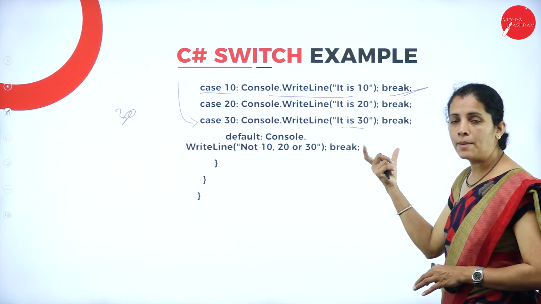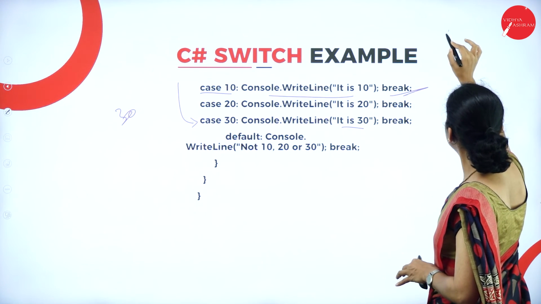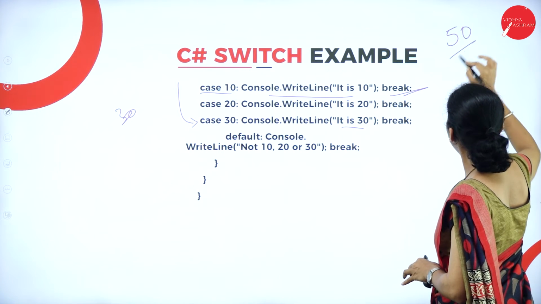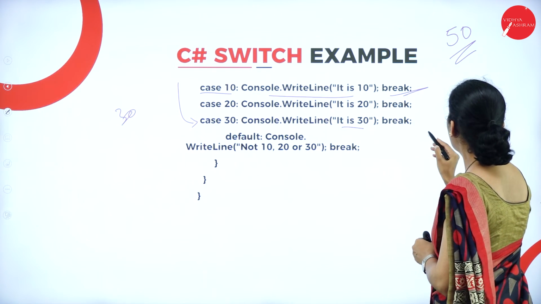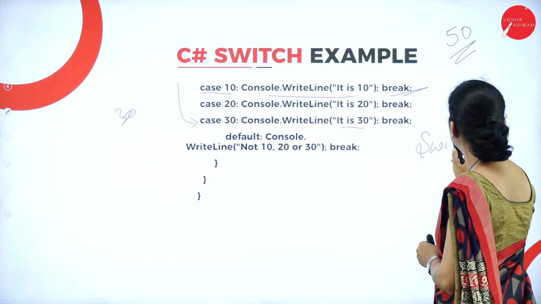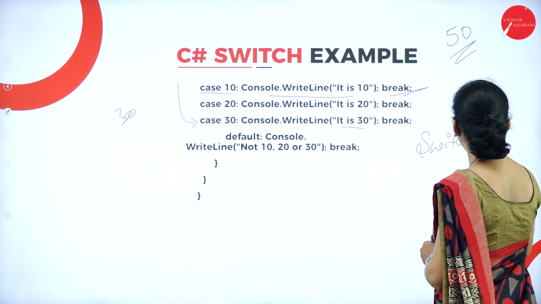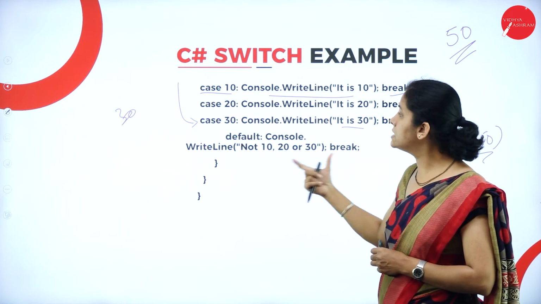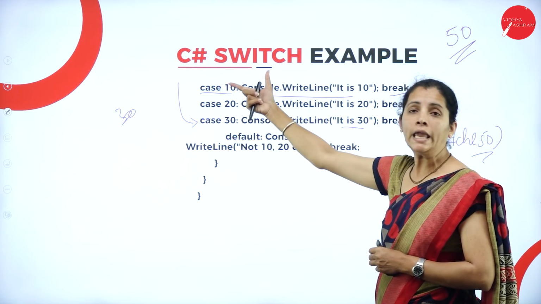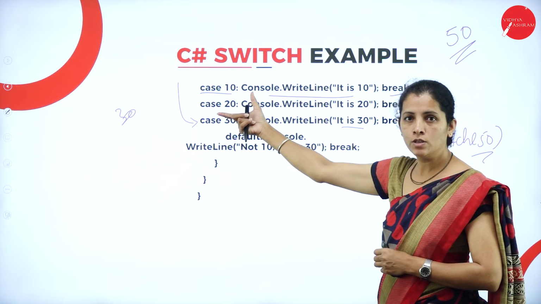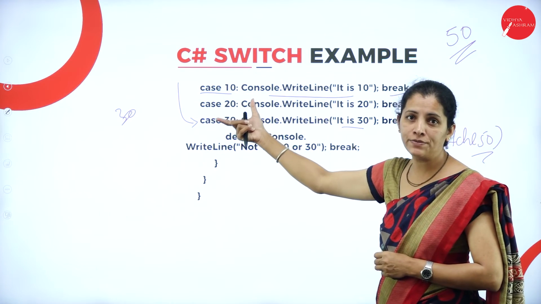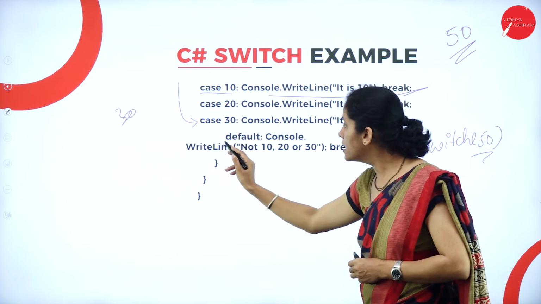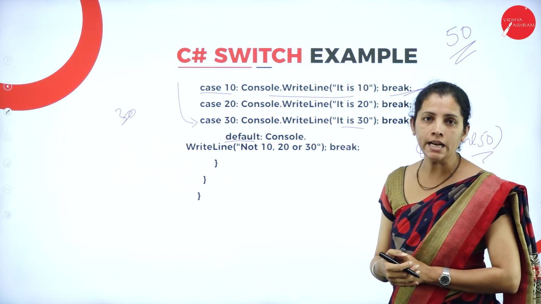The next time, suppose I enter 50, now I have switch 50, but this 50 is not present in my case values. So the control transfers to my default statement.